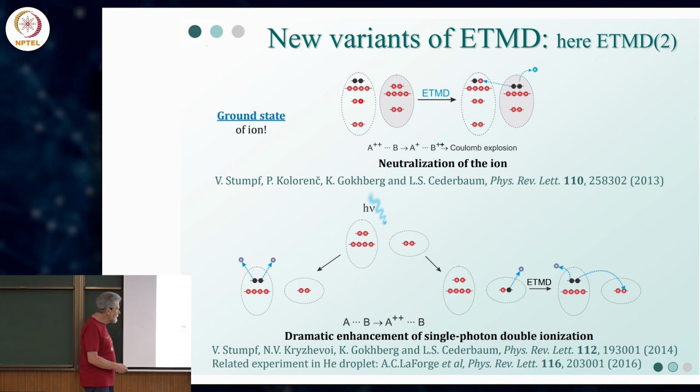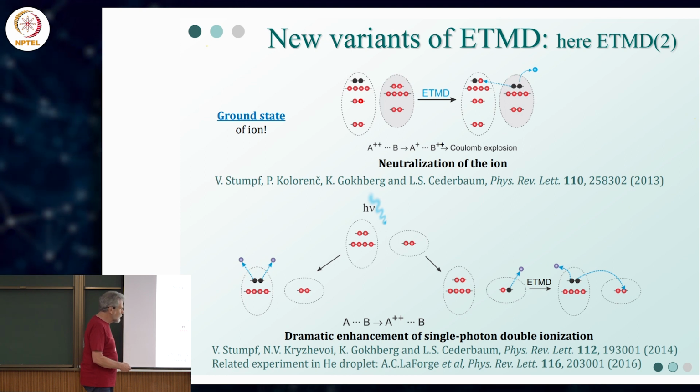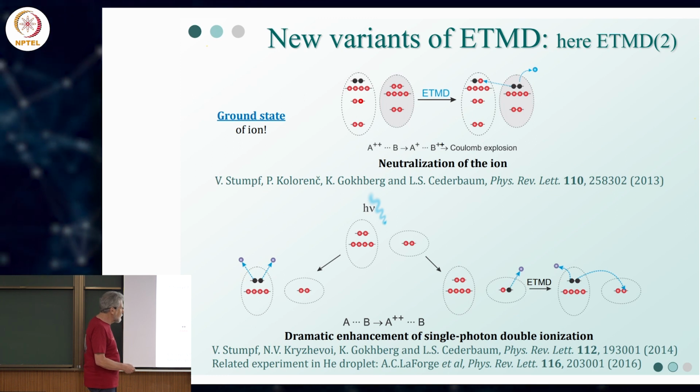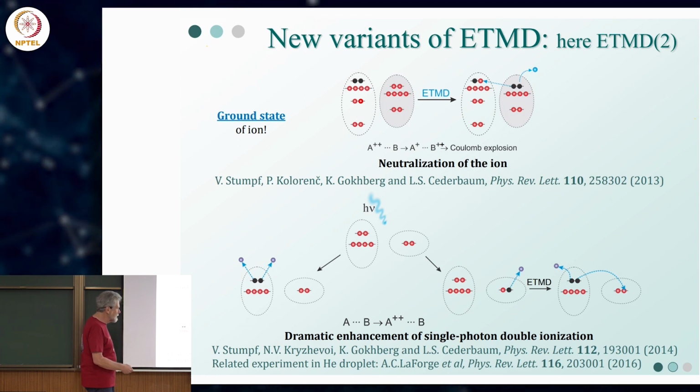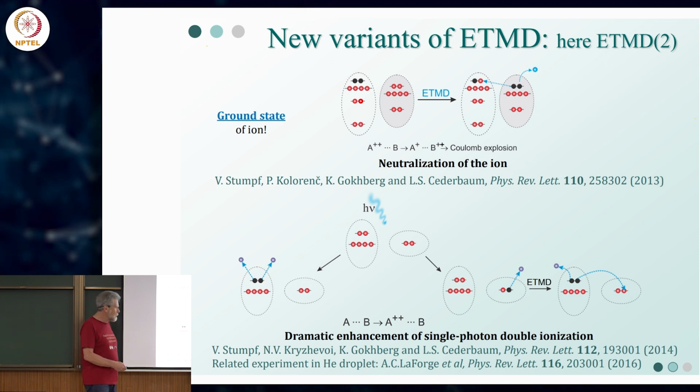Now, if you ionize the helium, the magnesium will undergo, with a helium plus, it's a lot of energy, will undergo ETMD, so it will donate one electron, and the excess energy, it's quite a lot, it's 25 eV, will be used to kick out another electron from the magnesium.